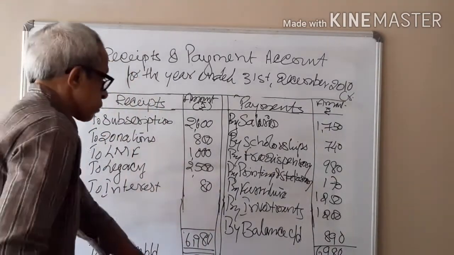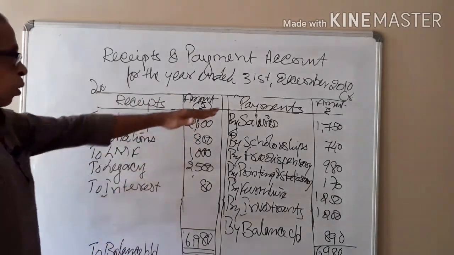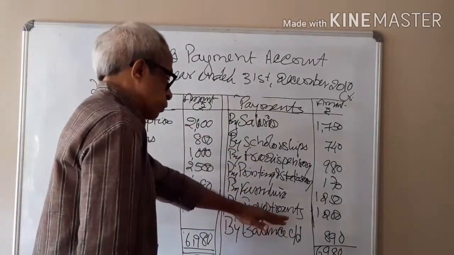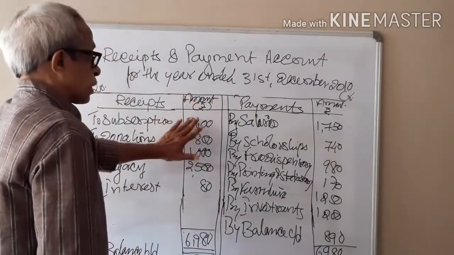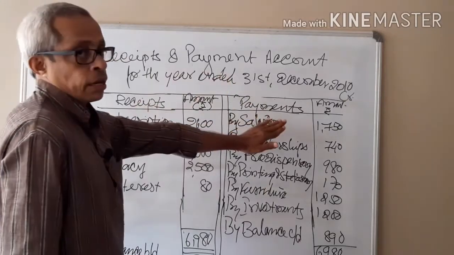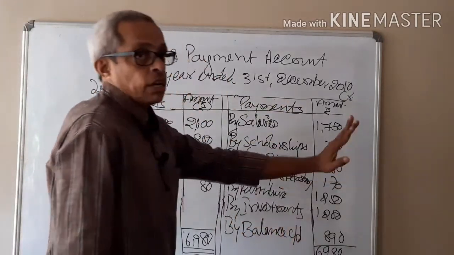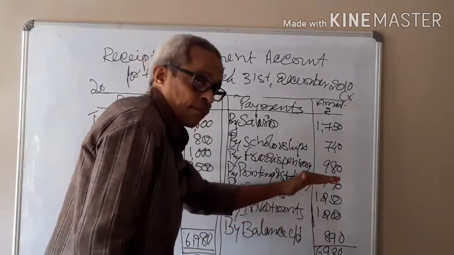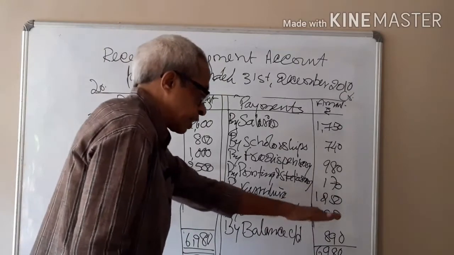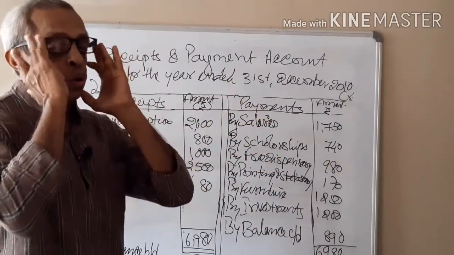So here all receipts during the year have been debited. All payments made during the year have been credited, and since the receipt side, that is debit side, is higher than payment side or credit side, the balancing figure naturally will come on the payment side or the credit side, and the balancing figure so arrived at, that is 890, is the cash balance on the closing date.